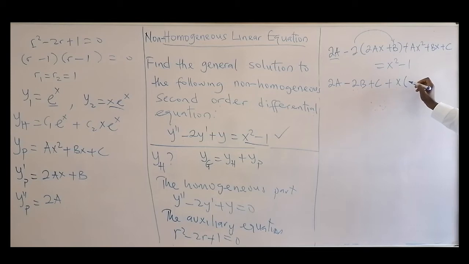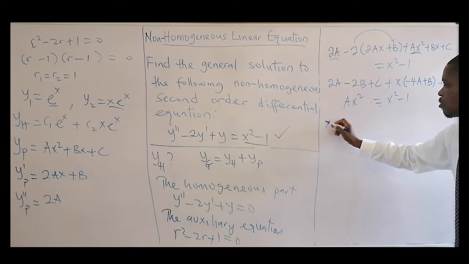So x into brackets minus 4a. Another x is what? Plus b. Okay, plus b. And finally, another one we have is x squared. That's the only one we have here. That's plus ax squared. Yeah, equal to what? Equal to x squared minus 1.